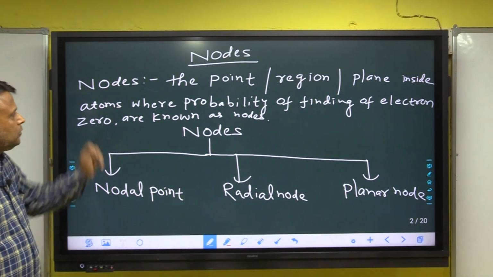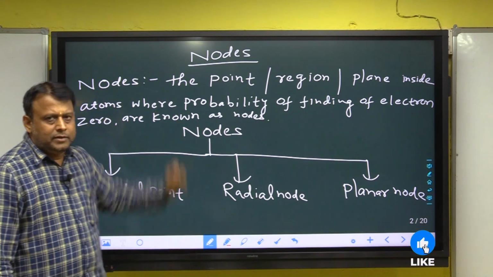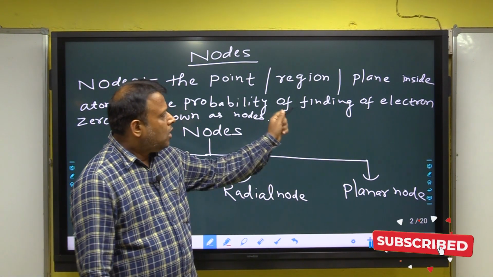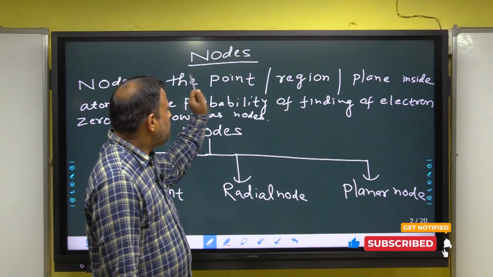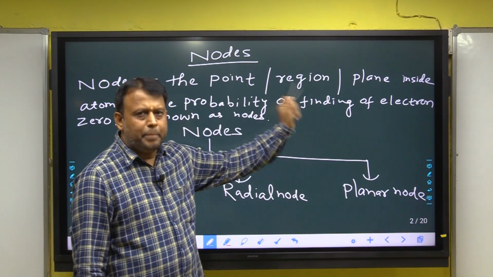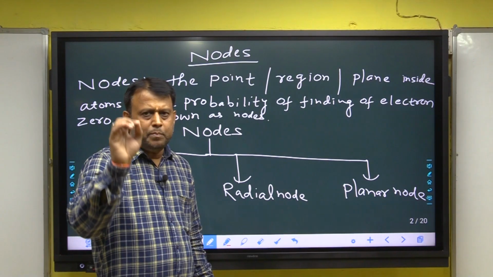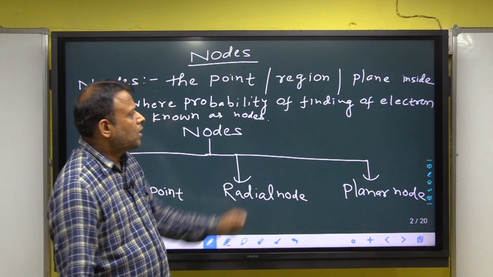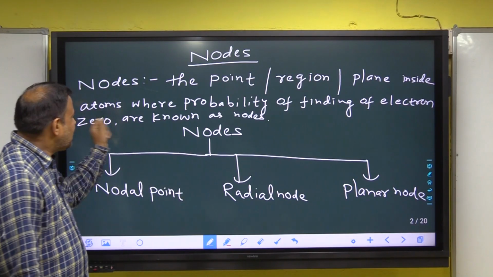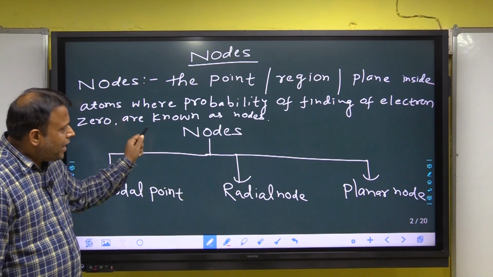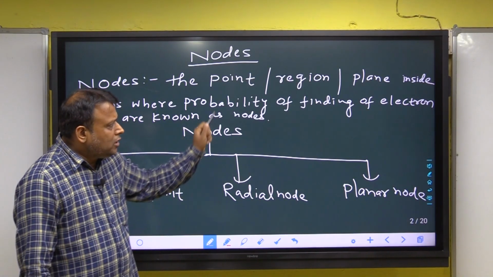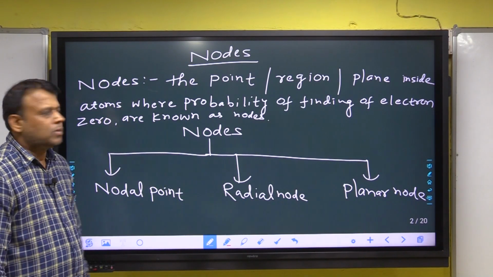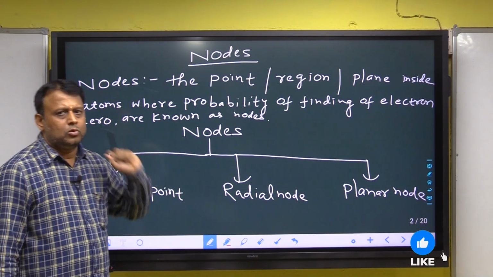Look at nodes. The point, region, or plane. In definition, the point, oblique region, or plane inside an atom where the probability of finding an electron is 0 is known as a node.